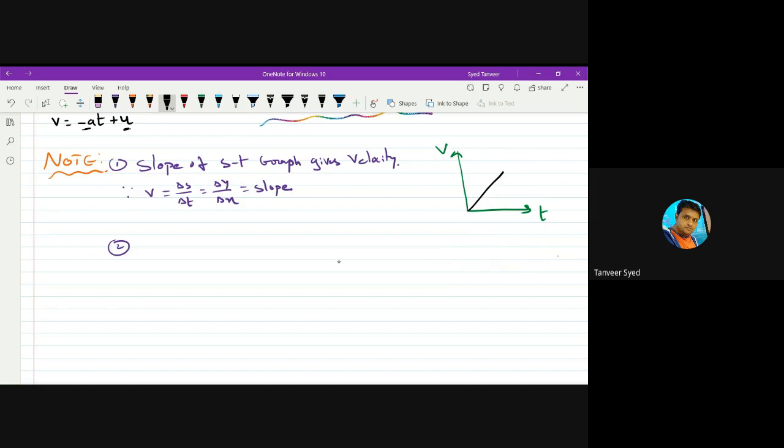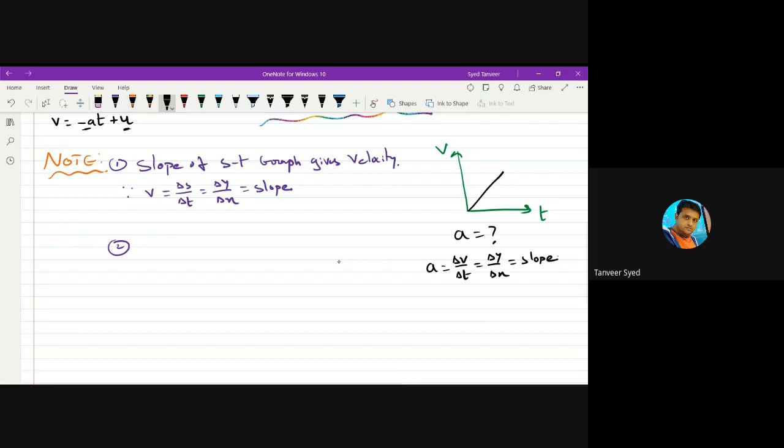Immediately you should understand the body is moving with constant acceleration, because only then you'll get a graph like this, VT graph. From this, we want acceleration. What is the acceleration? The formula for acceleration is rate of change of velocity, which graphically here is delta y by delta x, which is again slope.